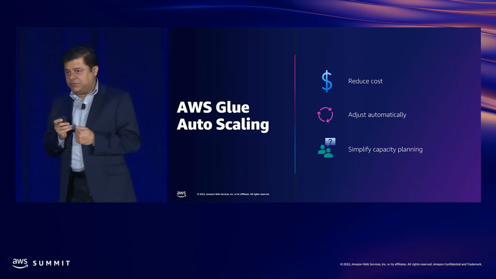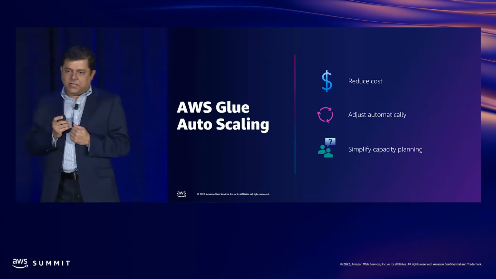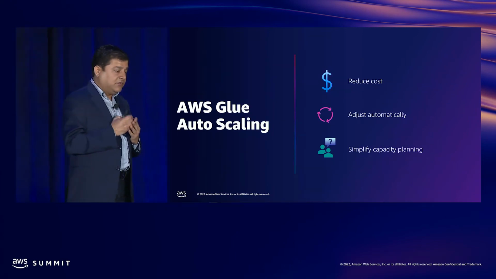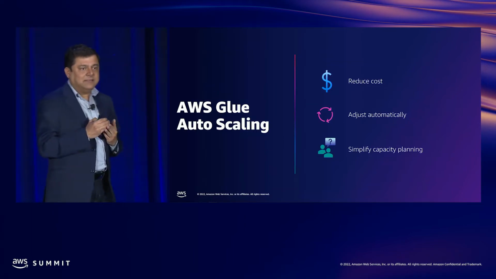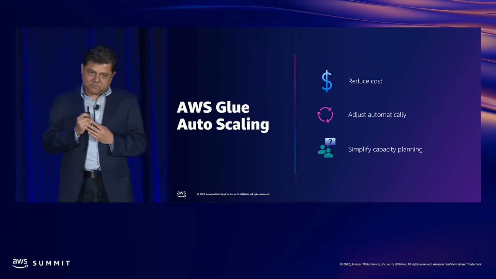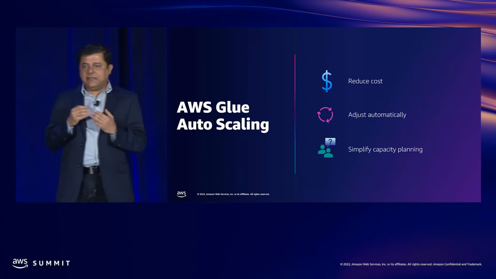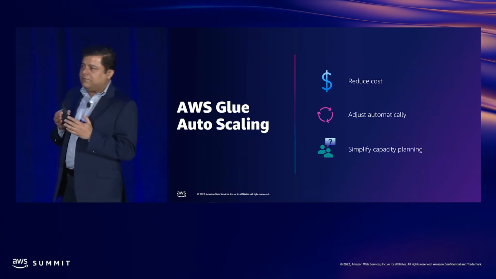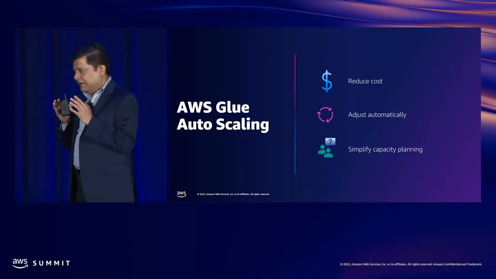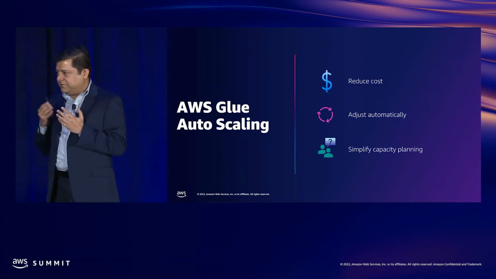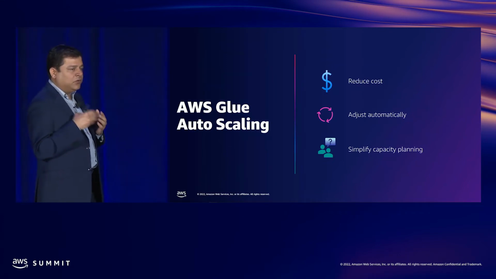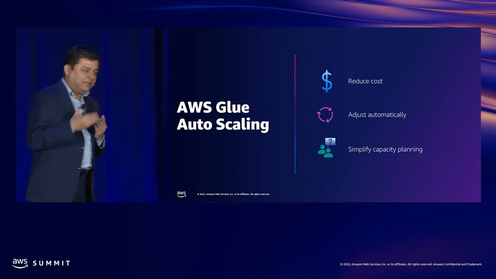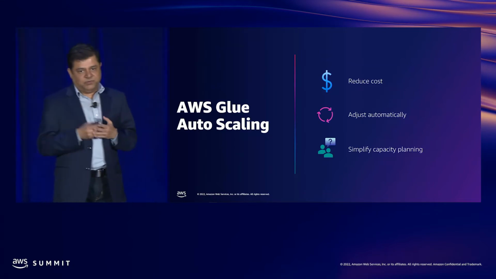So we just announced Glue Auto Scaling. The objective of Glue Auto Scaling is to reduce cost, adjust automatically, and simplify the capacity planning, so that as a data engineer, you are only focused on developing new workflows, identifying new data patterns, writing new transforms, and you do not have to worry about capacity planning and resource provisioning.